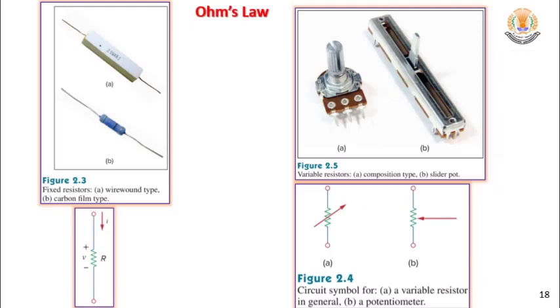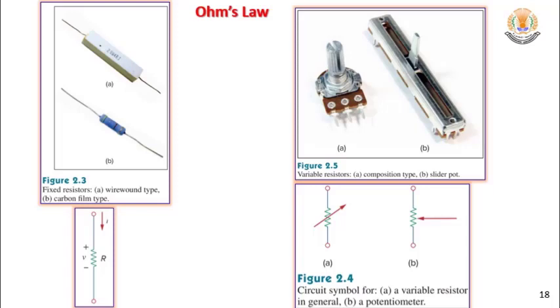Resistors in the lab or in PSpice or in MATLAB, you will find the resistors can take this shape, this symbol, or this symbol. What is the difference? The left-hand side resistors are called fixed resistors, fixed value, say 10 ohms.